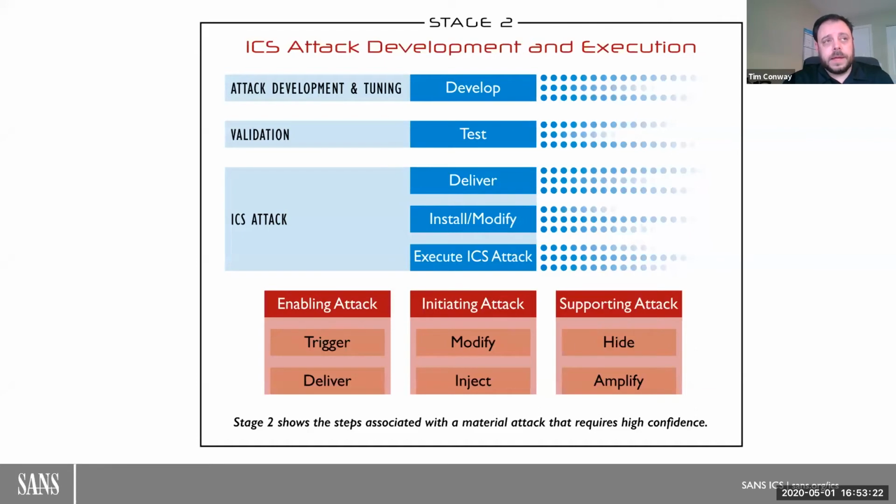But if you have a specific effect that you're trying to achieve, you really need to spend some time living in that environment to understand how it's configured, how it's operating, what permissives and overrides are in place to allow you to do what you need to do based on the effect you're trying to achieve, and really understanding it, getting to a point where you can test and validate, and then ultimately working into the attack phases where you're delivering, installing it or modifying it as needed, and then executing that attack.